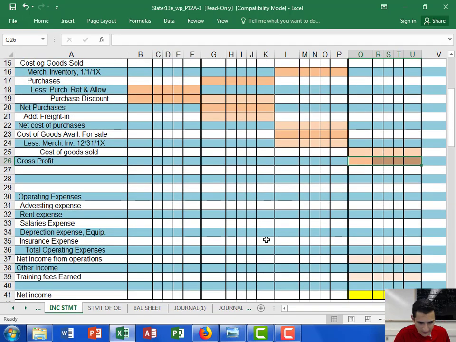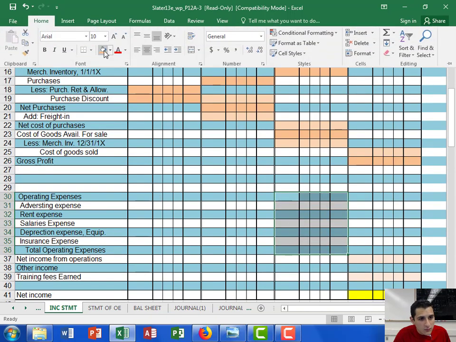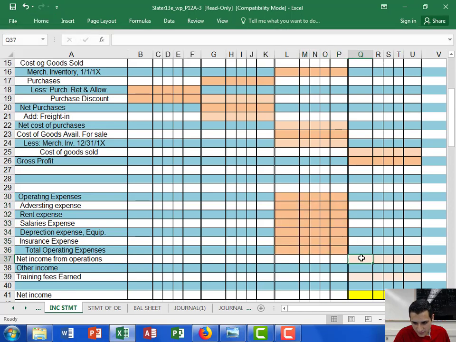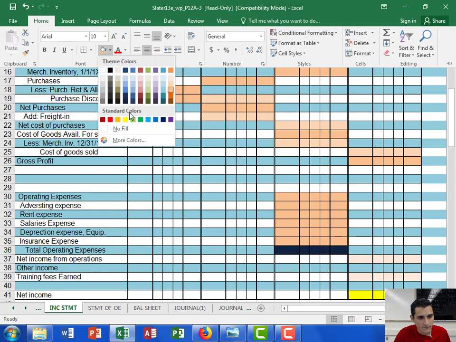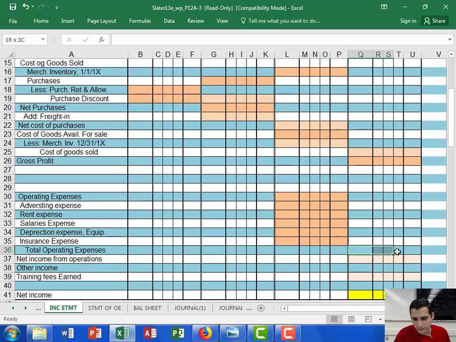And then same thing with your operating expenses. You're going to have basically all these total out to this number. I'm sorry, this one here will not be there. It would be here.